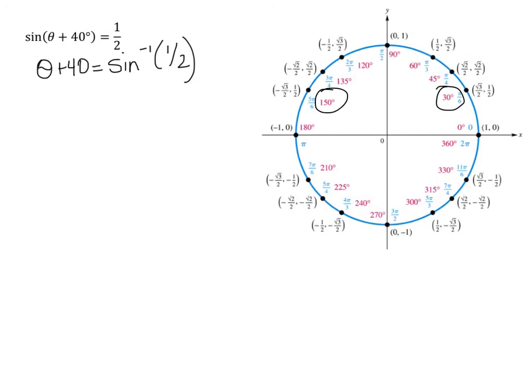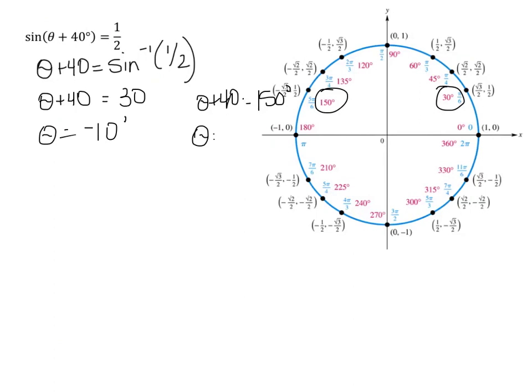So I know that theta plus 40 has to equal either 30 degrees or it has to equal 150. So when I solve for theta, I get that theta is equal to -10 degrees and that theta is equal to 110 degrees. Well, remember with these problems, we are looking for solutions between 0 and 360.